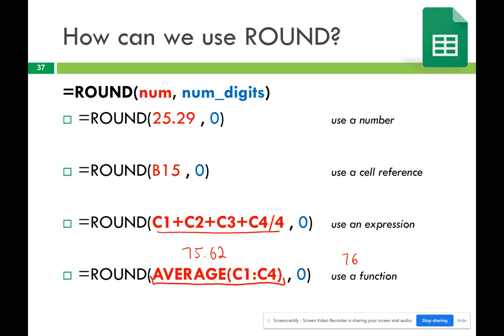All right. So we have a lot of options here where you really could put anything you want in the first argument that would evaluate to be a number, whether it's a number itself, a cell reference, an equation, or a function. Take the result of that math and then round it off to however many decimal places you indicate.